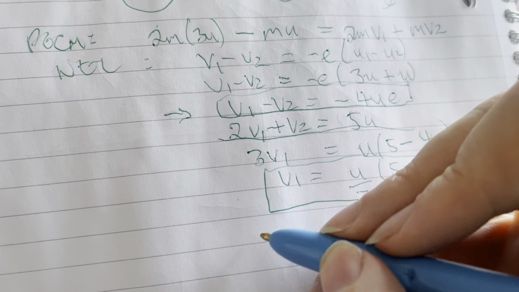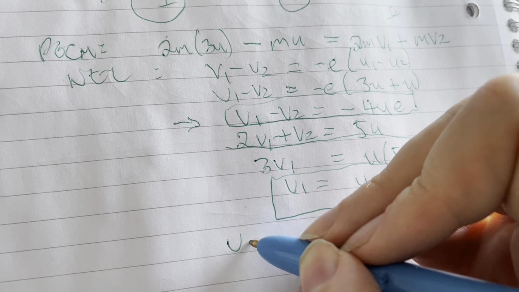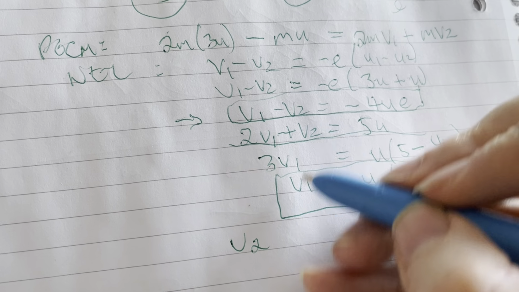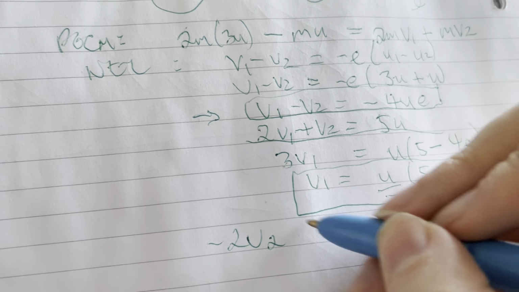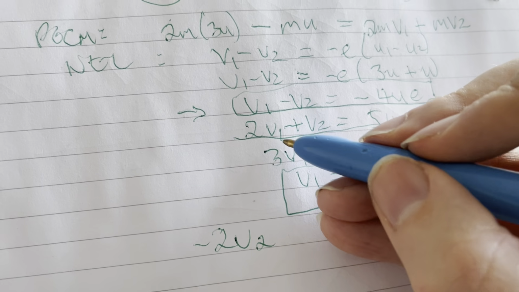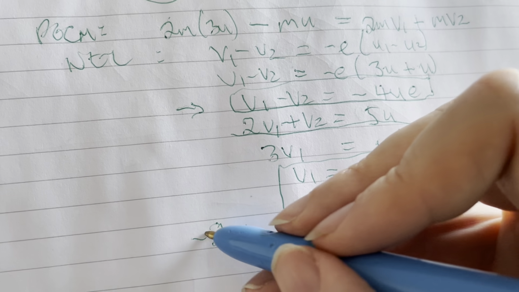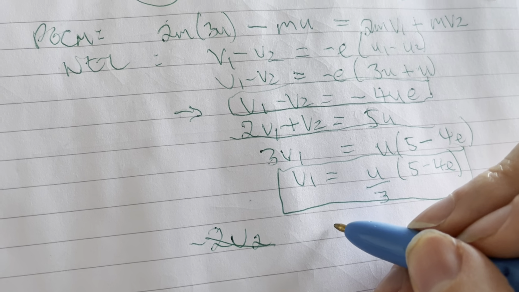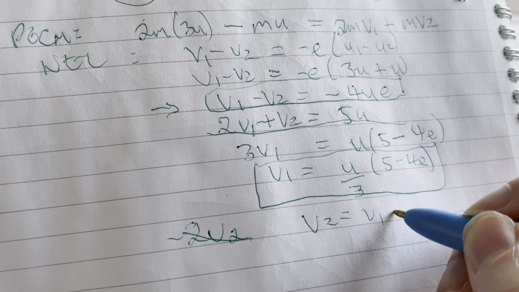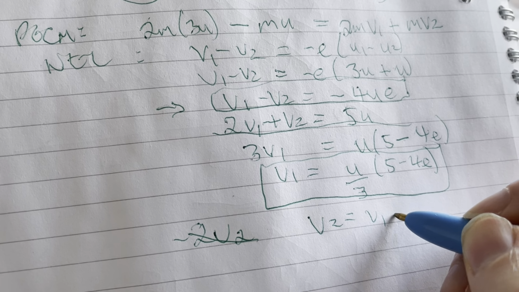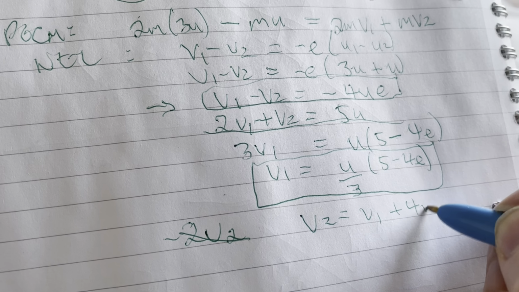Okay, so v2 then. If you subtract those, you get minus 3v2, and I'll just substitute one in for the other. So v2 is equal to v1 plus 4ue.